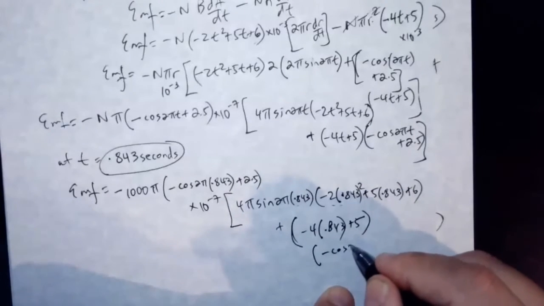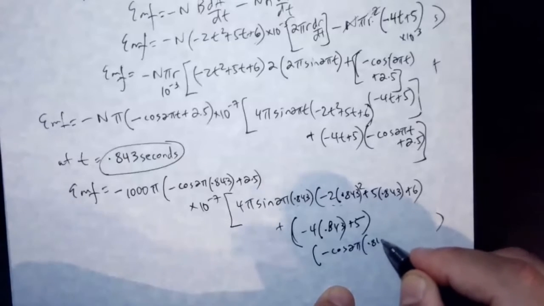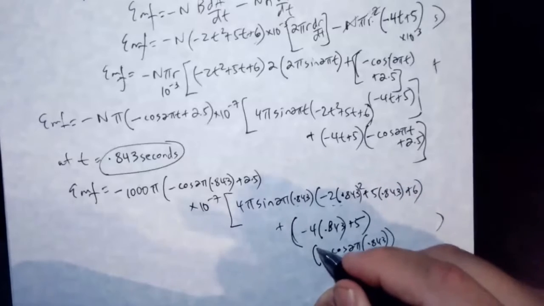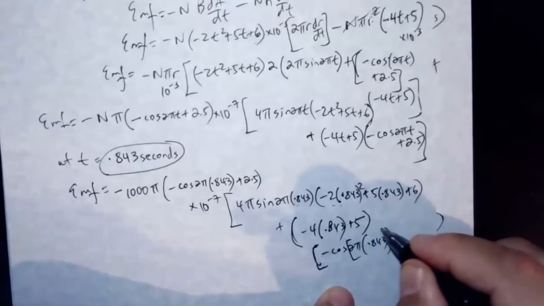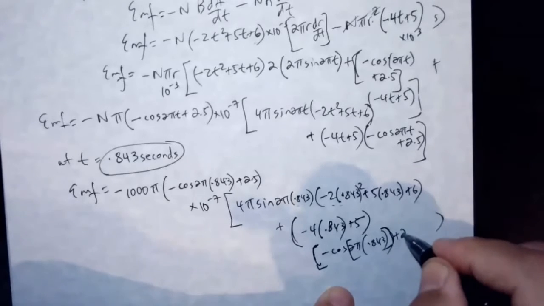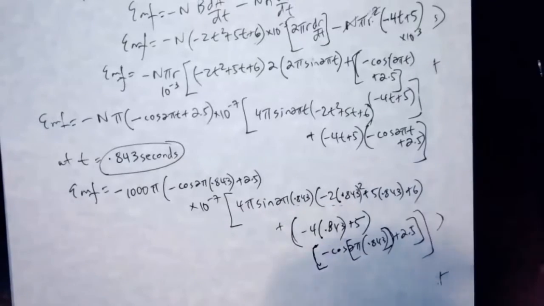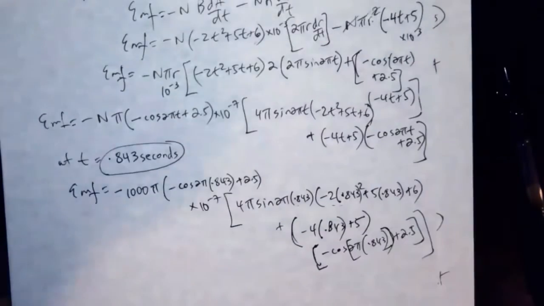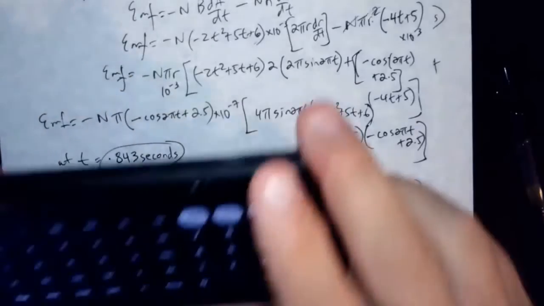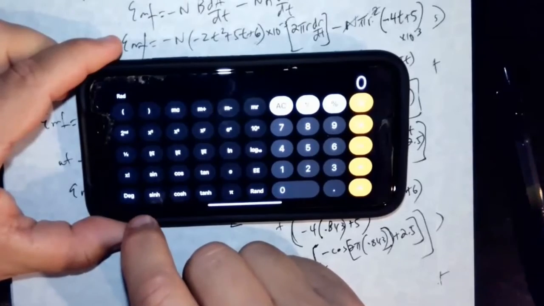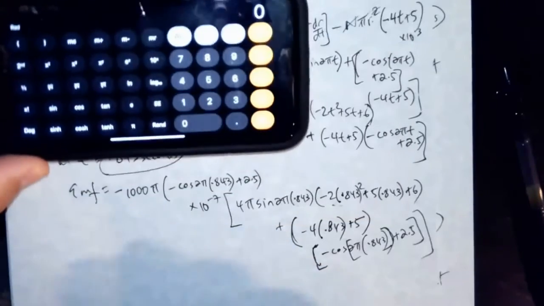Negative cosine 2 pi 0.843 plus 2.5. It's a lot of things to keep track of here. So first thing, also make sure you are in radian mode for this one.